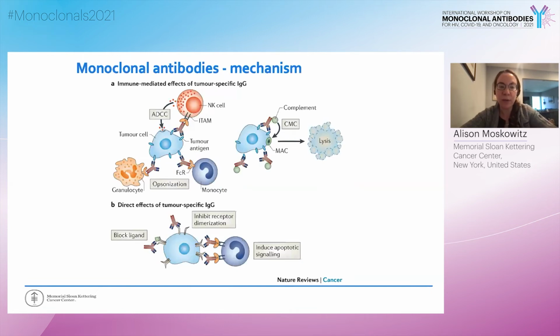So beginning with the monoclonal antibodies, as I mentioned, we often are using the IgG1 type monoclonal antibodies, and these function by inducing antibody-dependent cytotoxicity or complement-mediated cytotoxicity. We also sometimes use IgG4 type antibodies, which can work by just blocking their receptor or blocking their ligand.